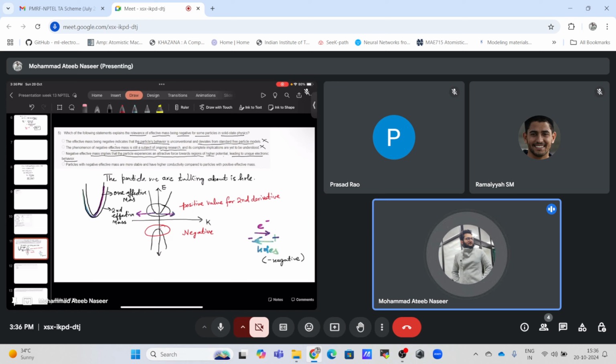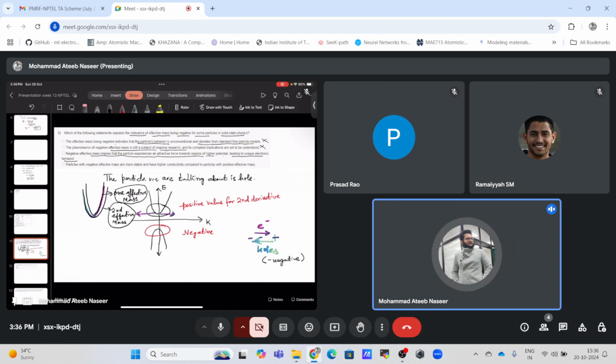Apart from different atomic densities, we can have different effective masses because the curvature along that path will be different. If we orient the device in this direction, we get one kind of response of the electrons, and if we orient the material in this orientation, we get a different response to the electric field.